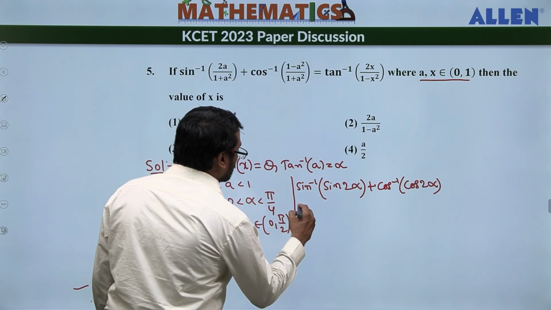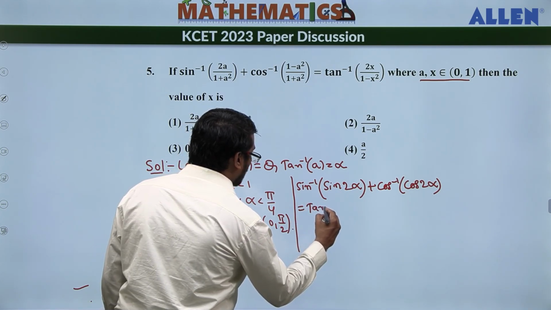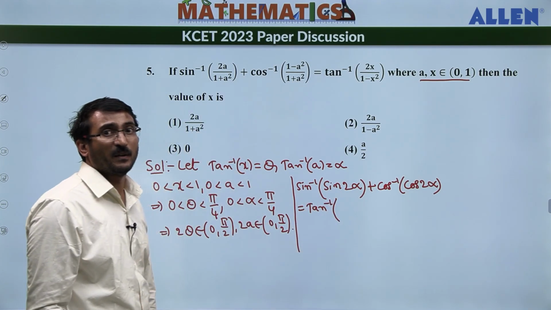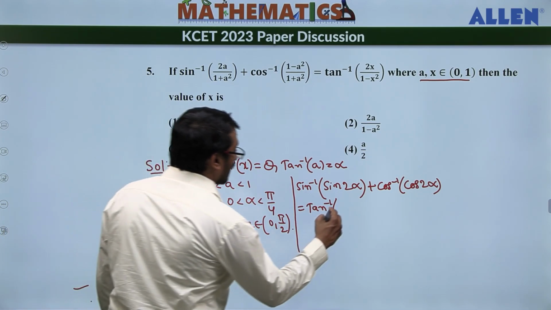What is the right hand side? Tan inverse of 2 tan theta by 1 minus tan square theta is tan 2 theta.